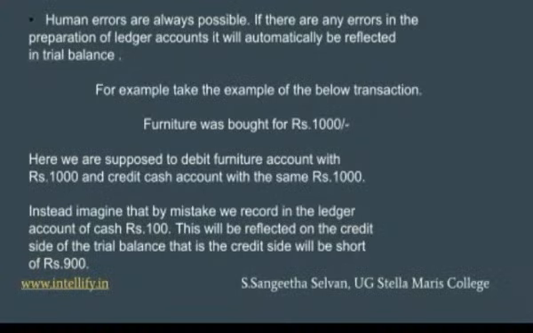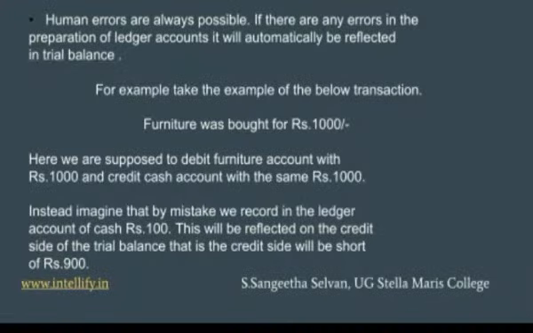Actually, you're supposed to record this transaction in the ledger by debiting ₹1,000 in the furniture account and crediting ₹1,000 in the cash account. But by mistake, if you miss out one zero and just credit ₹100 in the ledger account, what will happen?